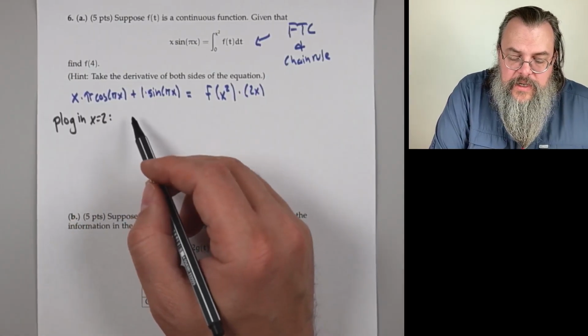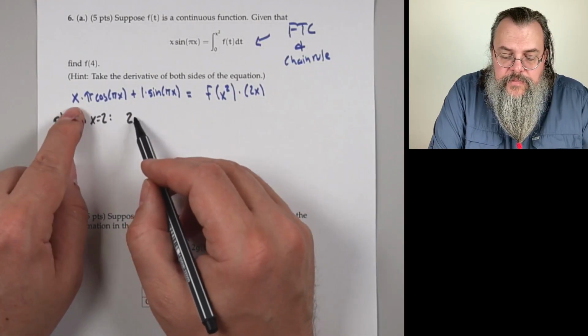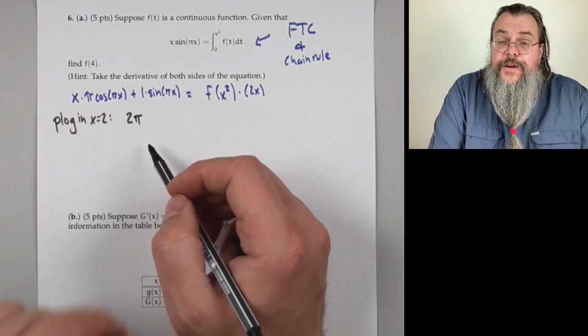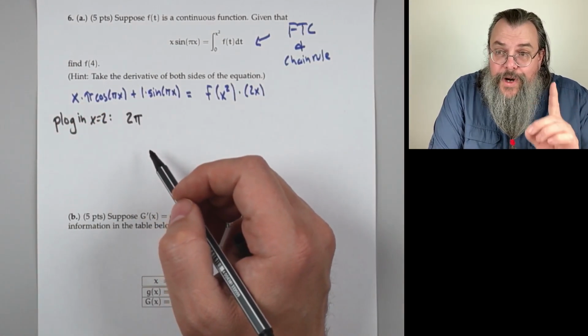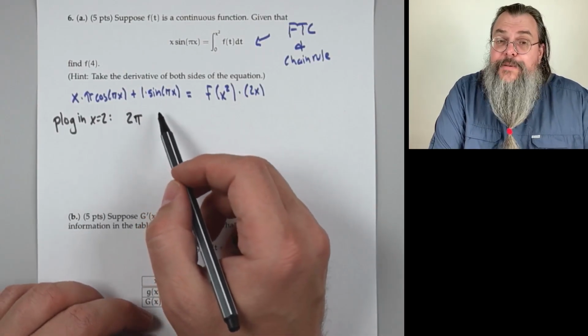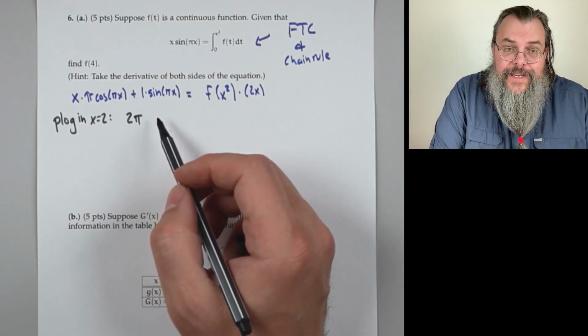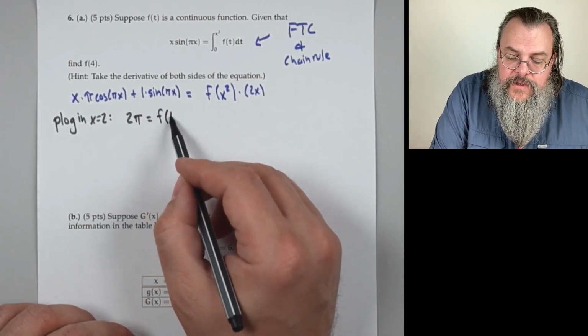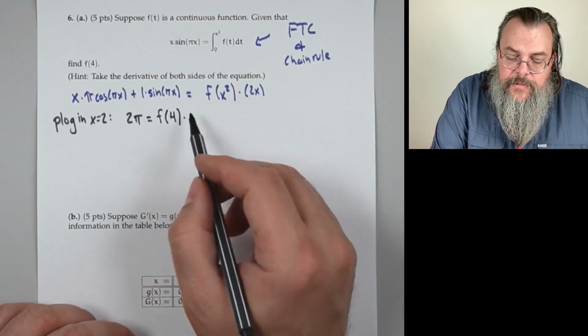And we get 2 times pi times cosine 2 pi, which is 1. Good. And 1 times sine 2 pi, which is 0. Okay. Cool. That is equal to f of 2 squared, which is 4, times 2 times 2, which is 4.